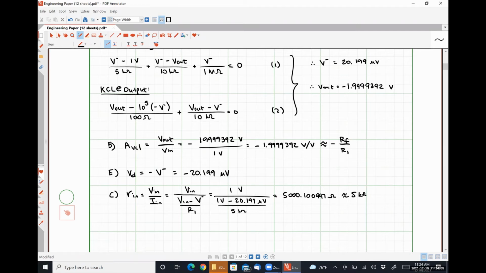And for our output resistance, R out, that one's going to be a little bit trickier. Okay.